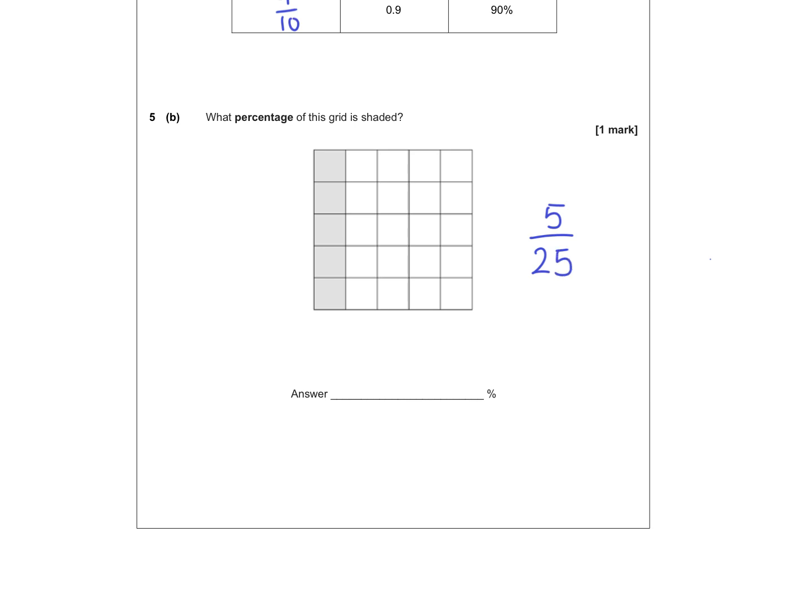Now, if I had a calculator, I could just type in 5 divided by 25 times by 100, and it would give me an answer. But 5 out of 25, I can just make this out of 100 because percentages are out of 100. So this is going to be times by 4, and the same with the top over here. So it's going to be 20 out of 100, which is 20%.